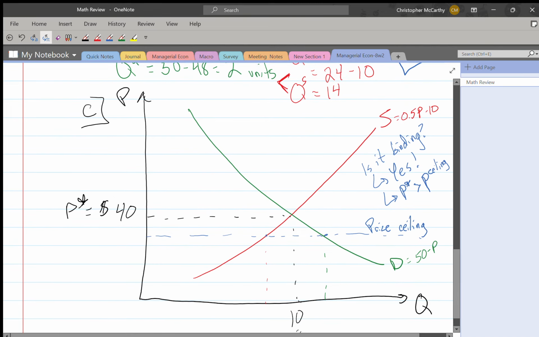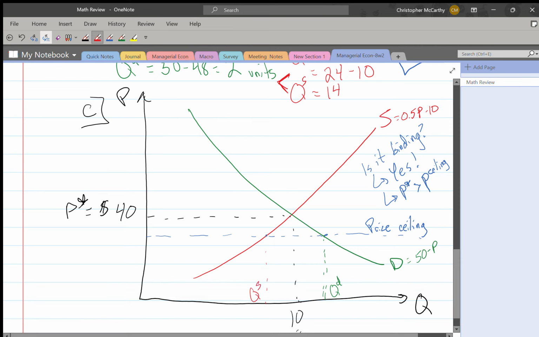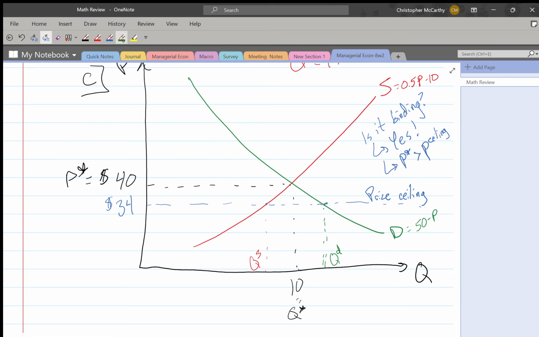Now we're dealing with a price ceiling. With a price ceiling, we find that we actually have more people that want the good. The quantity demanded is going to be greater than the quantity supplied, right? This is a flipped situation from a price floor. And so at a price ceiling of $34, how much are we going to demand? How much is going to be supplied?